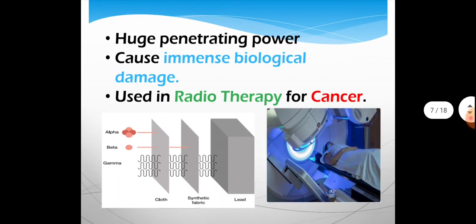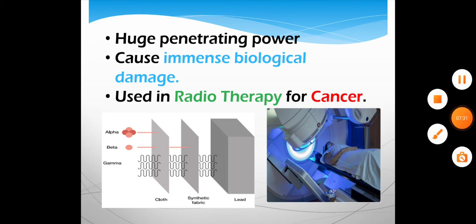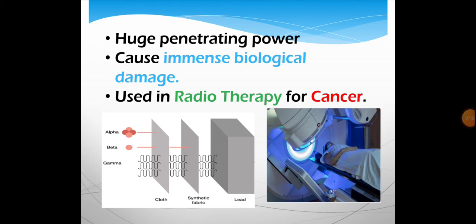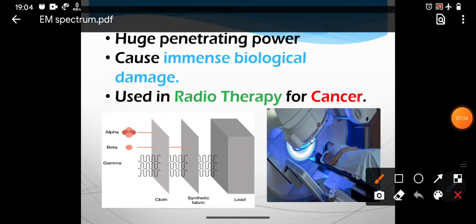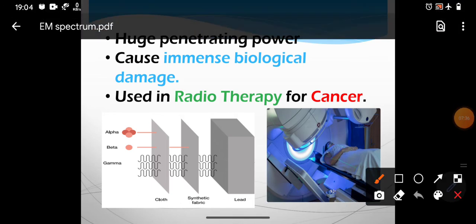Some more properties of gamma rays. They have huge penetrating power. Penetrating power means, like you know that simple visible light can be blocked by a simple card, right? Means a simple card is opaque to the visible rays. But for the gamma rays, you can see in this diagram that alpha rays come only till here, beta rays can travel over here, but the gamma rays can pass through both of these.